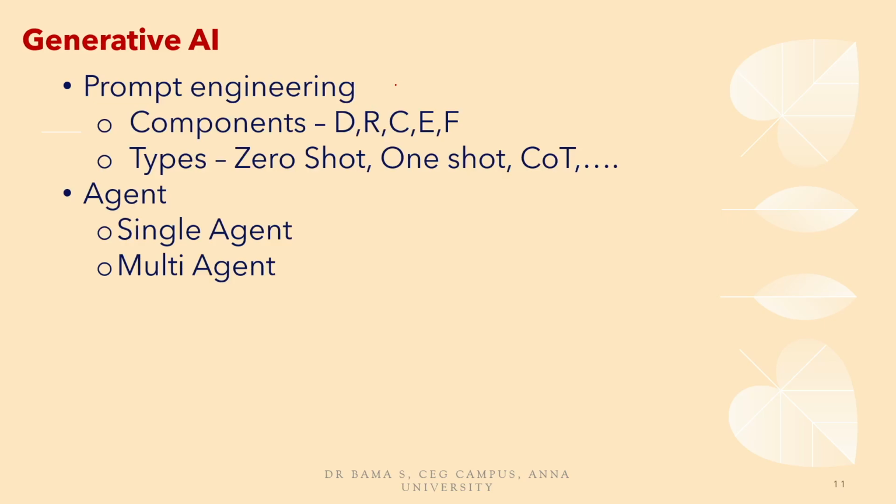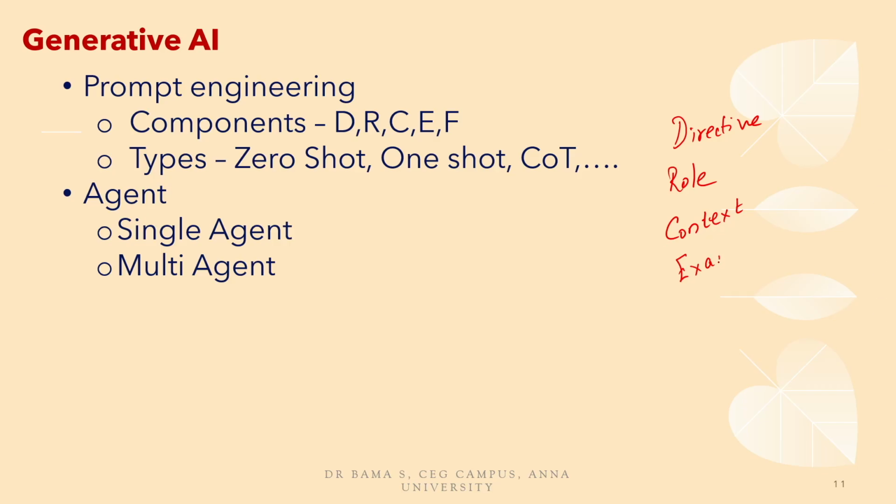How the embeddings are developed and how the LLMs are able to predict the next word or the next statement, we did in statistical natural language processing, and then moved towards the generative AI side. In generative AI, we did the different components of prompt engineering. We started off with D for directive, and then role. If we add role to the prompt, what would happen? Then the context or background information, with audience information or the relevance of data, and how the prompt structure would improve.